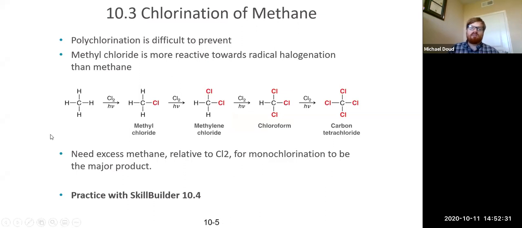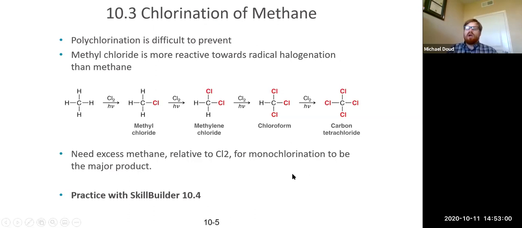You can imagine chlorinating the methane to get the chloromethane, then you could get dichloromethane, do it again, trichloromethane, finally tetrachloromethane. Down here we have the old words for this: methyl chloride, methylene chloride, chloroform, and then carbon tetrachloride. The way that we would name them, of course, using the IUPAC system, is chloromethane, dichloromethane, trichloromethane, and tetrachloromethane.